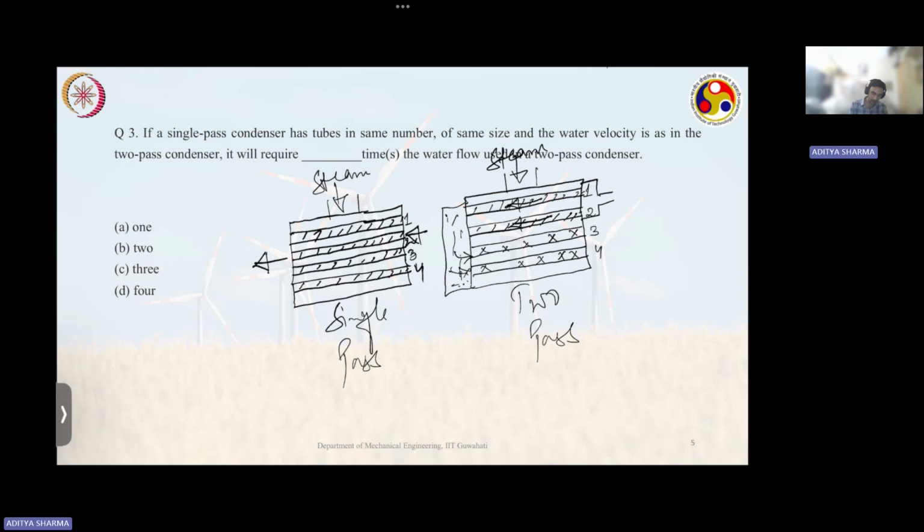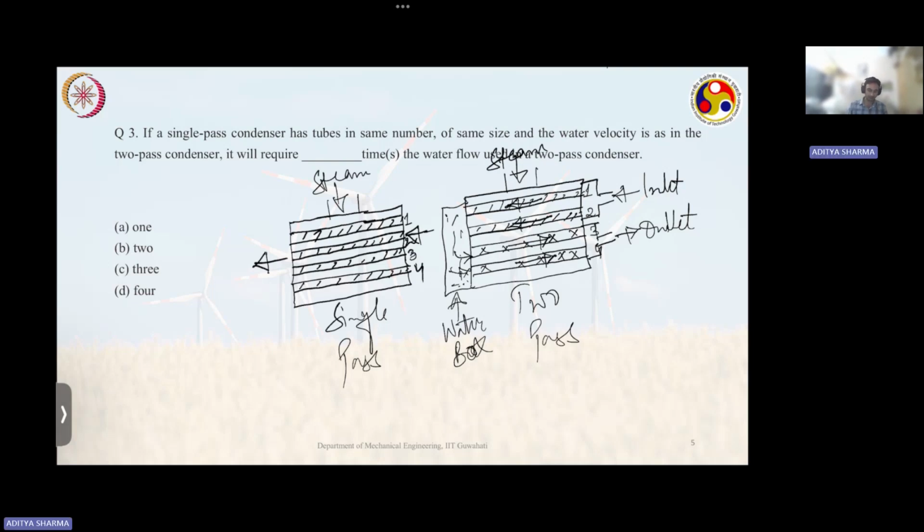Now when it has reached this undivided water box, it will move through 3 and 4, but the direction this time will be from left to right. So this will be inlet, this will be outlet. This is two pass. Here it will be single inlet, and one time it will enter, and then it will pass.